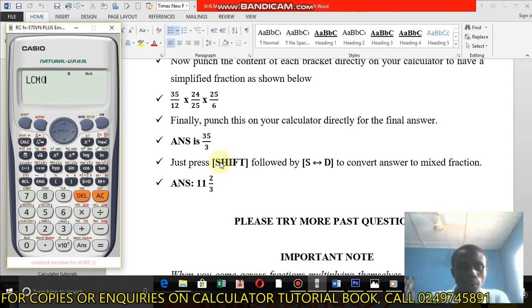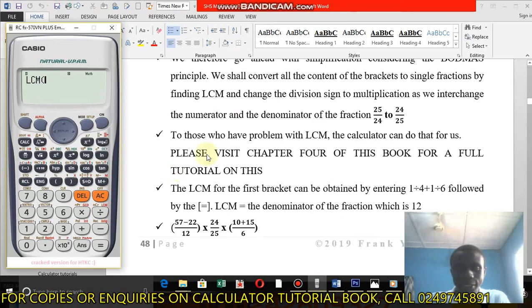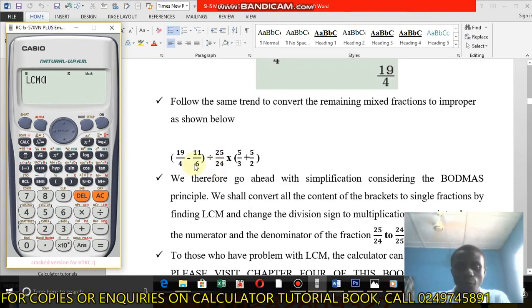Then we wait. We are simulating, so that's why it takes long to appear. Just alpha, then division to appear. Very good. So LCM. Now, LCM for what? We want to find the LCM for 4 and 6, to simplify these brackets.